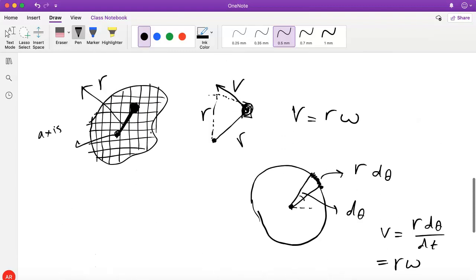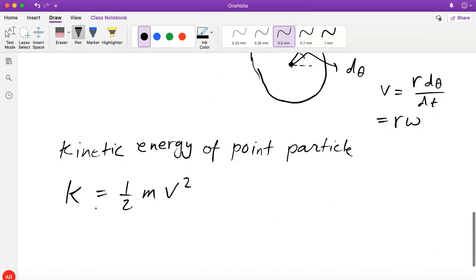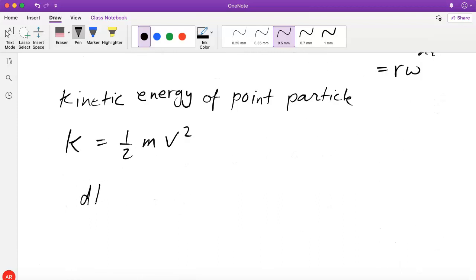So if that little piece has a tiny mass dm, we can write its contribution to the kinetic energy, let's call it dK, the tiny contribution from that infinitesimal piece to the total kinetic energy. That's going to be 1/2 the mass of that tiny piece, which is dm, times its velocity squared, which is (r omega) squared.